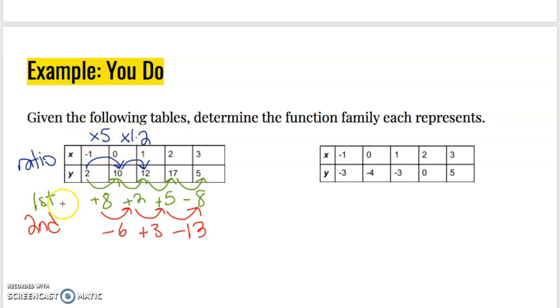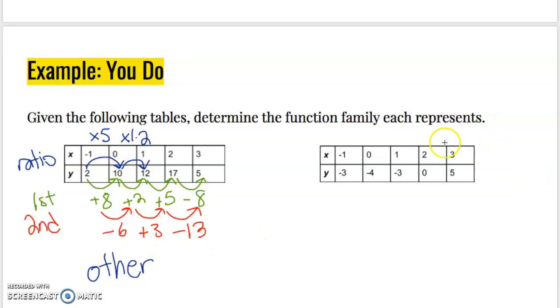And so this doesn't have a common first difference, common second difference, or a common ratio, which means that this is going to be some other function family. So you can just write other. It could still be a function, and indeed it actually is, but we just don't know what function family it falls into. And so if none of these work, you can just write other.